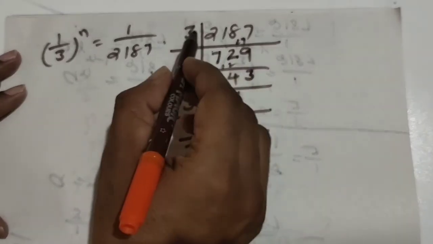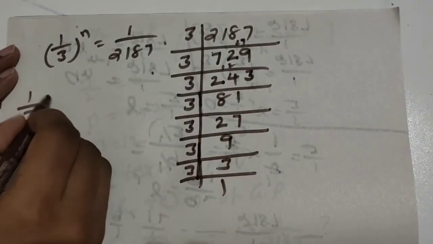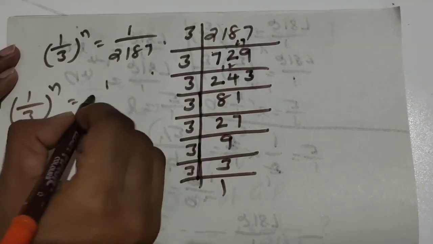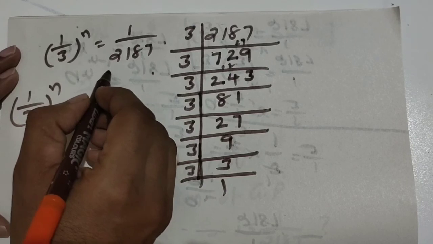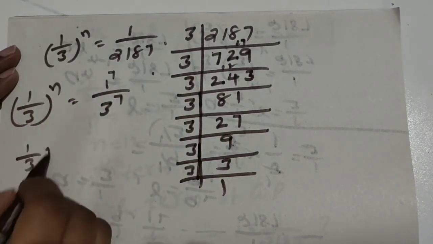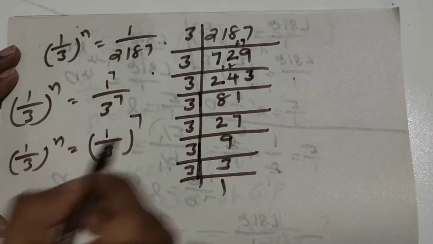So here how many 3s? 1 2 3 4 5 6 7 3s. Then we can write it as 1 by 3 whole power n is equal to 1 by 3 power 7. So 1 can be made as 1 power 7. So that's why 1 by 3 whole power n is equal to 1 by 3 to the power of 7.